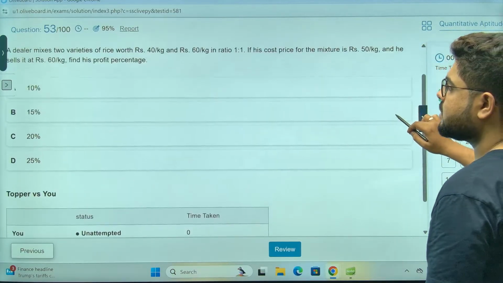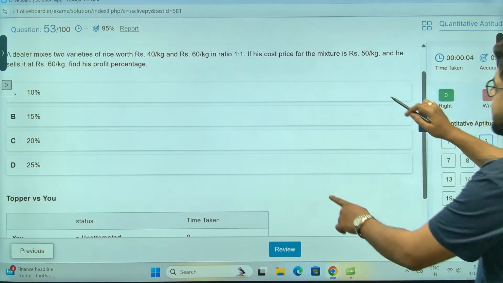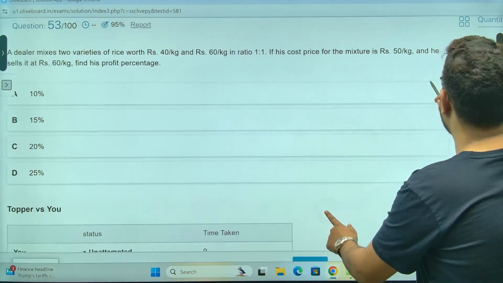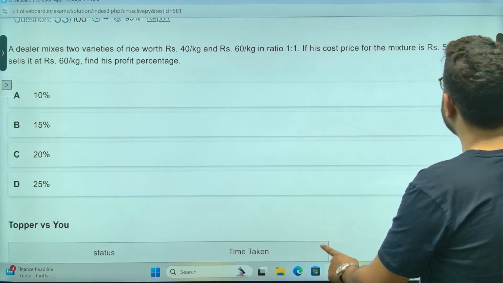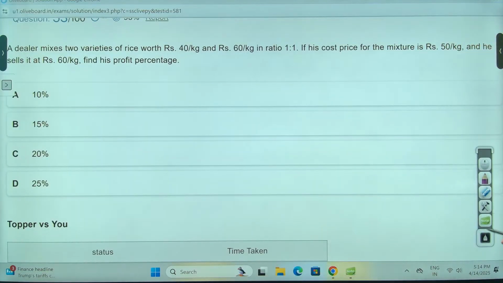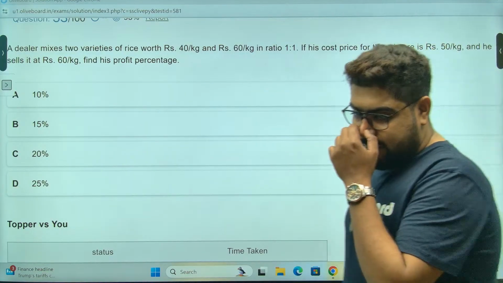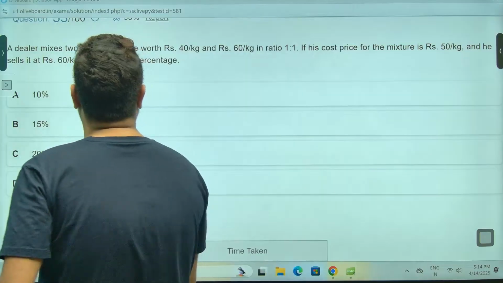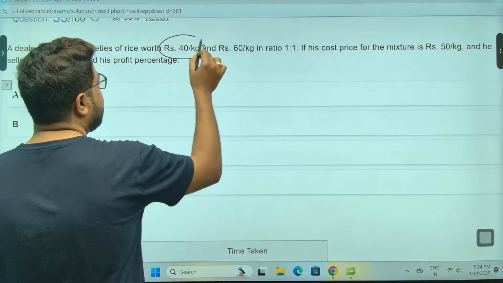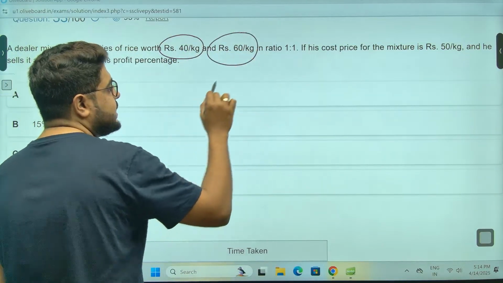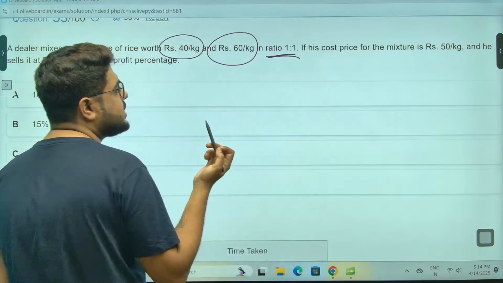A dealer mixes two varieties of rice. Wait, let's make it a little bigger, sir. Now we can see: a dealer mixes two varieties of rice worth 40 and 50 and 60 in this ratio 1:1. That's nice.